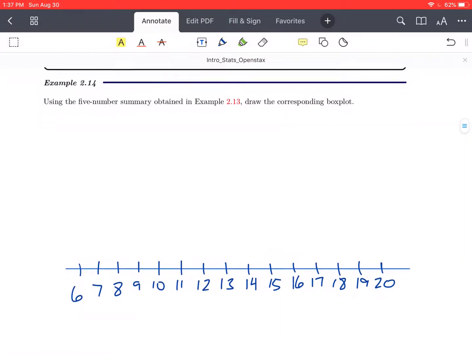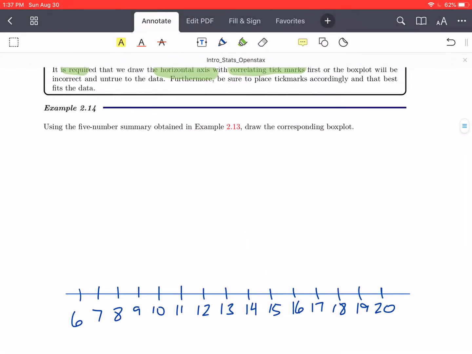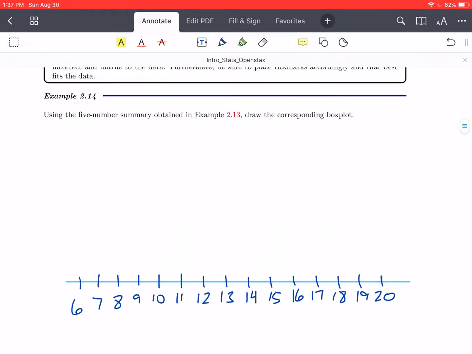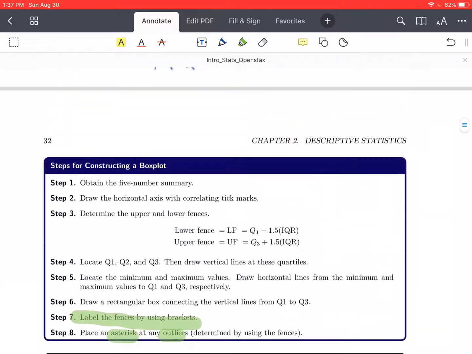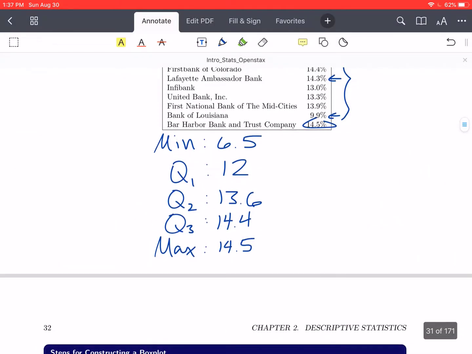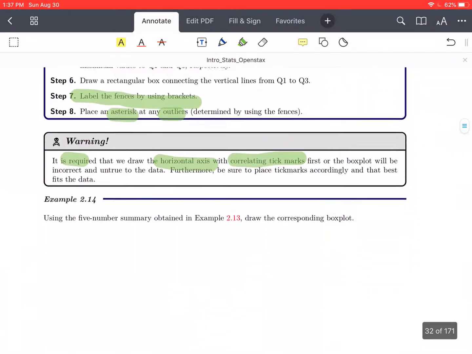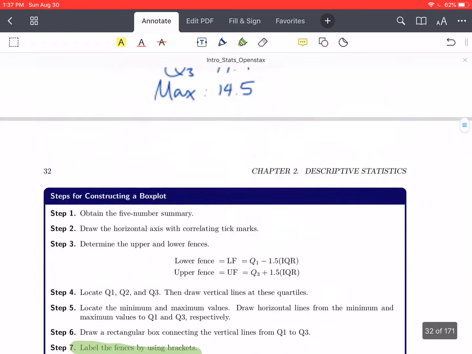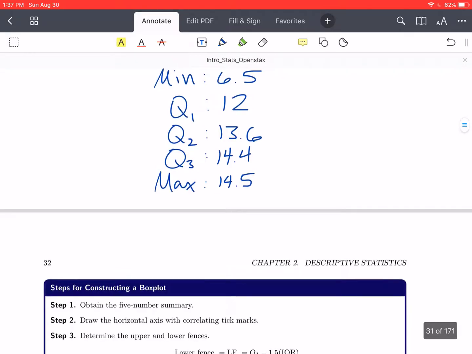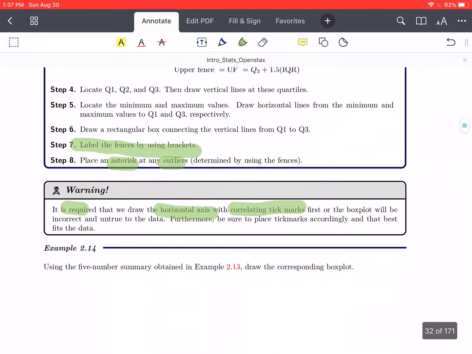And now we start drawing our boxes. So we've already found the 5-number summary. So let's go ahead and put those in. So we've got the 6.5 for the min, the 14.5 for the max, and then we've got our Q1, Q2, Q3. So 12, 13.6, and 14.4.